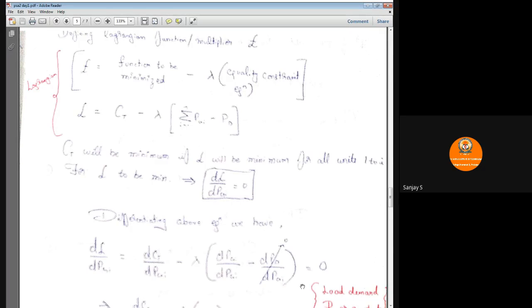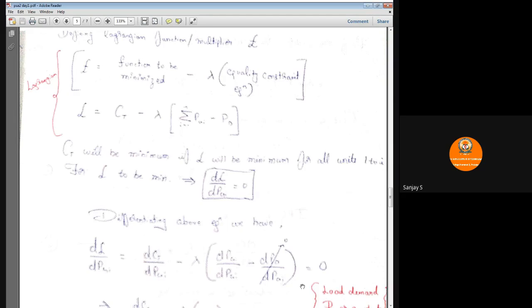This Lagrangian function you would already have studied in your engineering mathematics. I don't know whether it belongs to M2, M3 or M4, but the same thing we are using here in power systems. So I repeat the definition: Lagrangian function is equal to function to be minimized minus lambda into equality constraint equation.